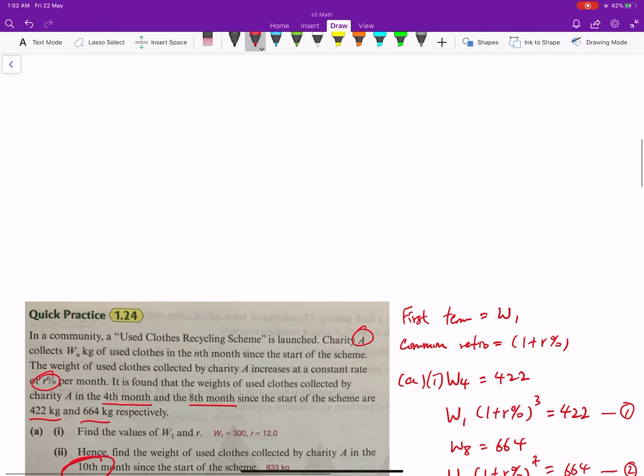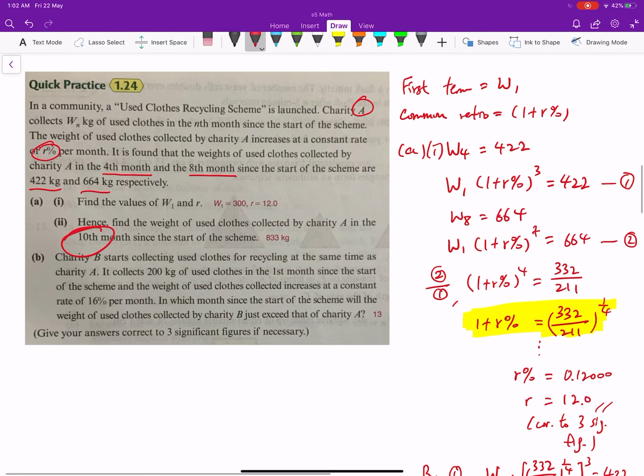Okay, now we go back to the questions and we look at part B. Now part B, charity B, and then 200 kg in the first month. And now the increase rate is 16%. And again, the same question: which month does charity B just exceed that of charity A?